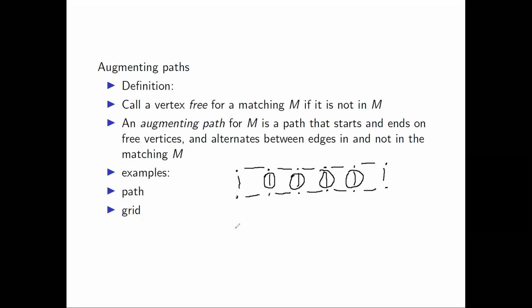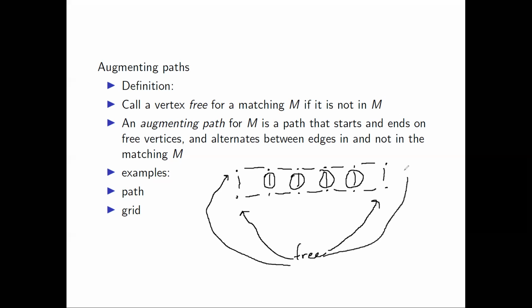So we do have some free vertices. I guess I'll point out the free vertices first. So right there, we got a free vertex. We also have one higher up right here. And of course on the other side, same deal over there. So here is one augmenting path that we could do. We could start at this one, and then we can do this kind of like snake path here.